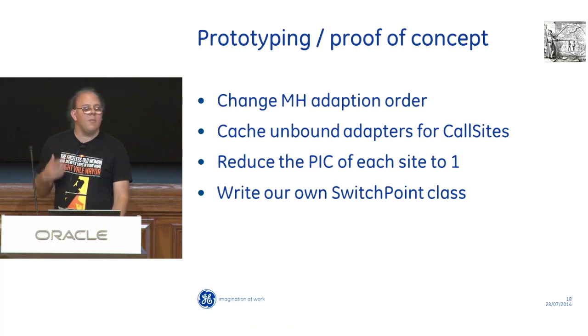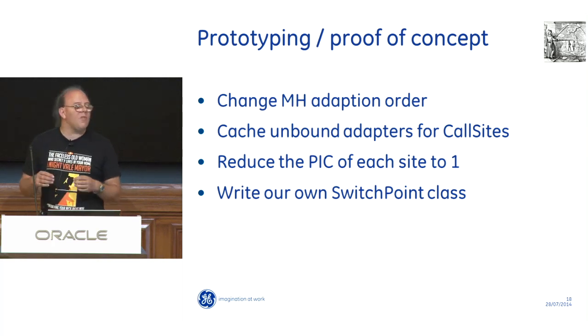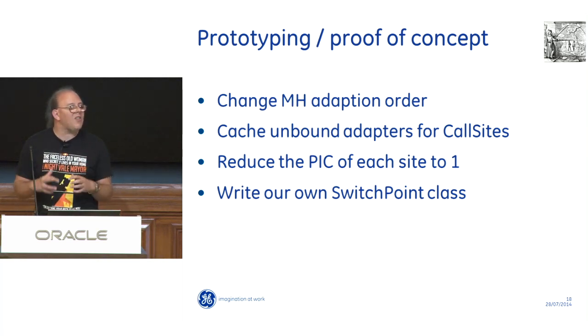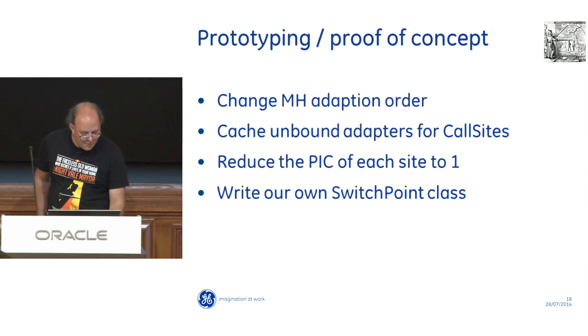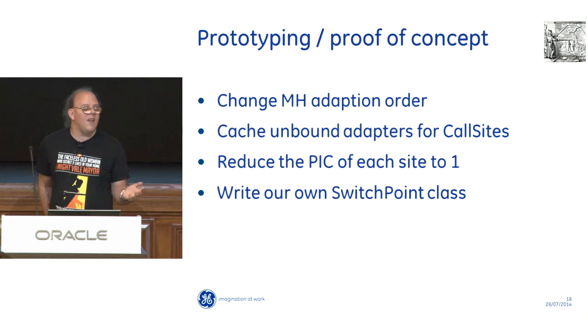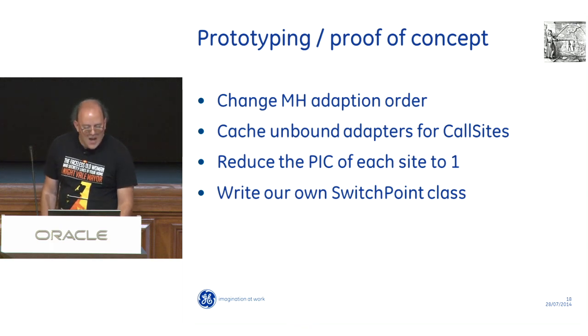To get around some of the guard with test problems, we reduced our polymorphic inline cache to be effectively monomorphic and then let things go to megamorphic just as an experiment until there were JDK patches to improve the situation. And we wrote our own version of SwitchPoint because that was one of our biggest problems.